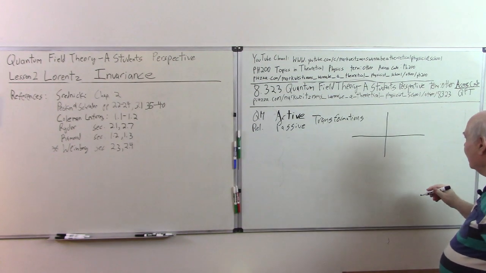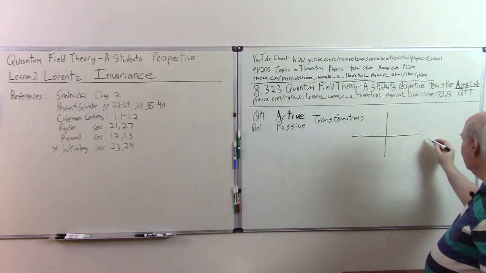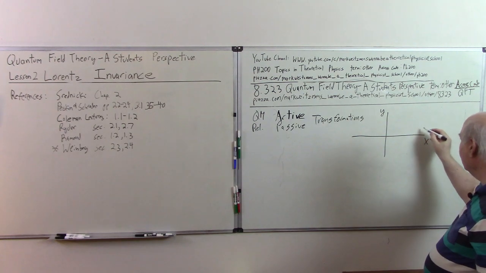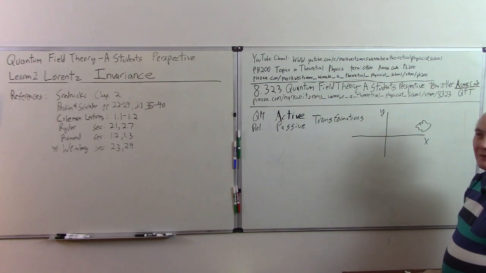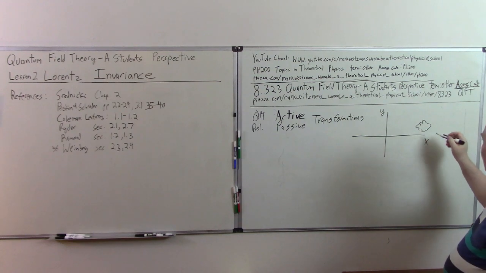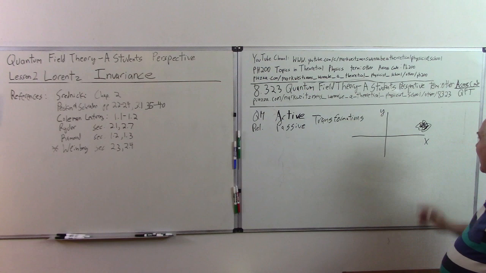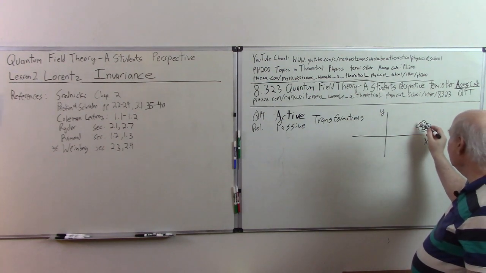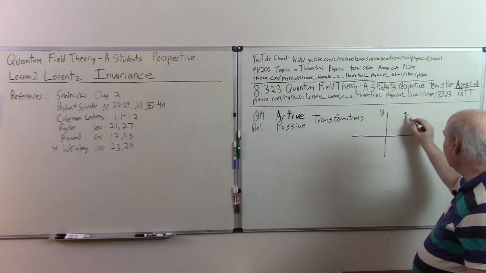An active rotation, let's say you have, this is your coordinate system. Let's say you have a blob here, which represents a particle or an object. When you do an active transformation, what you're doing is you're actually rotating the object.